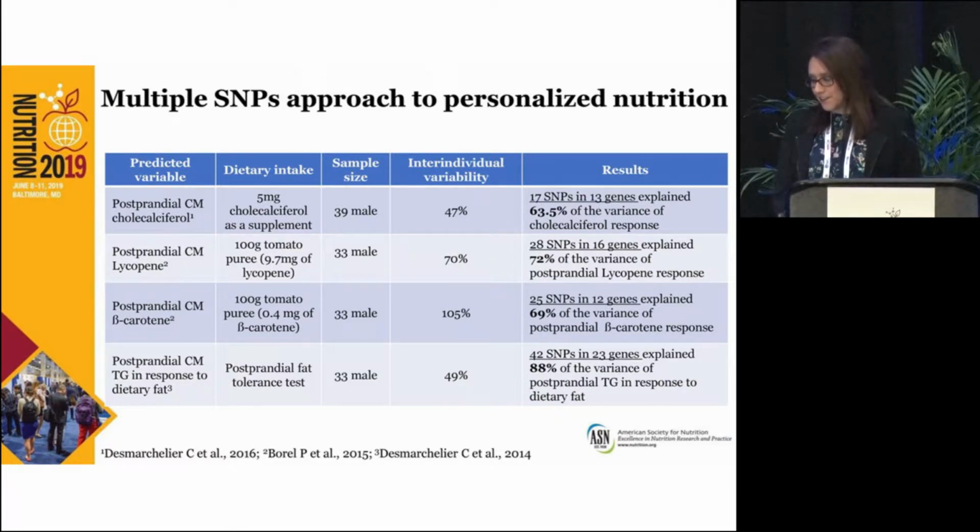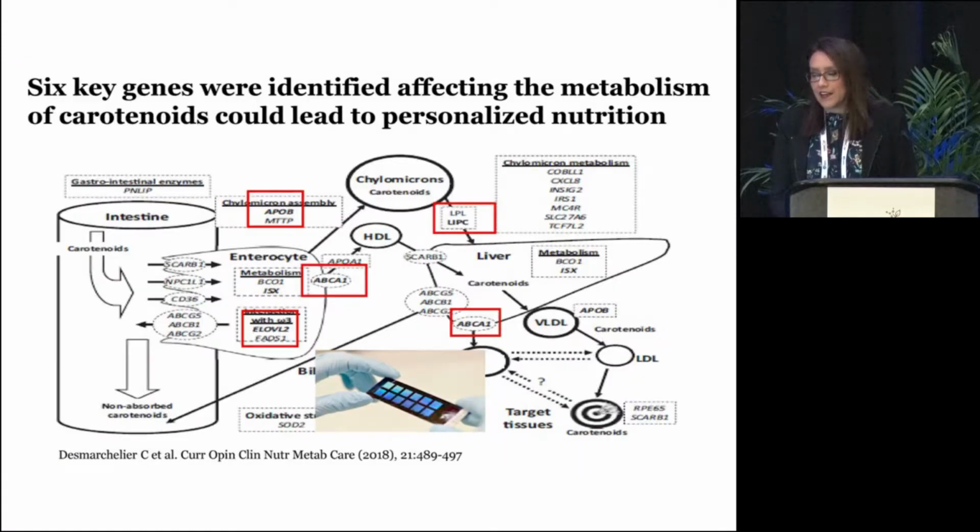So with the studies from Dr. Demarchelier, the important thing is that he identified 6 genes that can be used to identify the variability after an intervention of carotenoid.